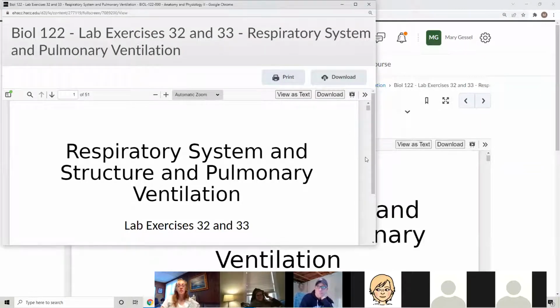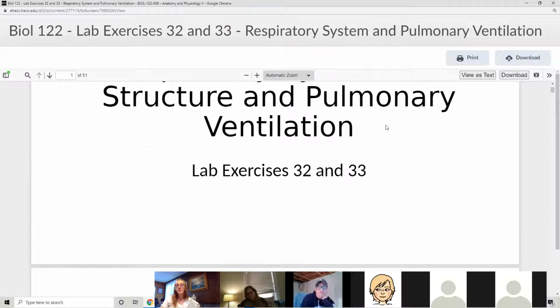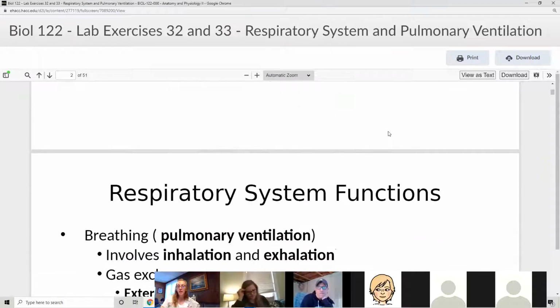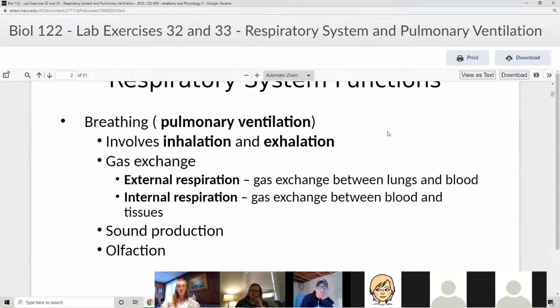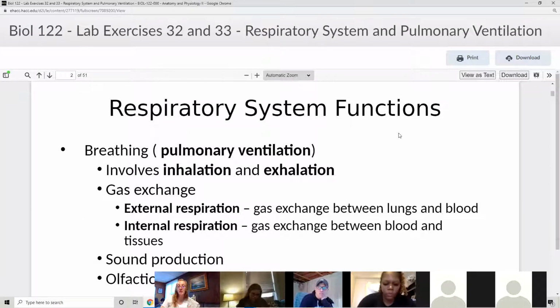So, pulmonary respiratory systems and structure, and pulmonary ventilation. You'll also see you have two virtual labs for this lab. Respiratory system major functions: breathing, as pulmonary ventilation describes breathing.